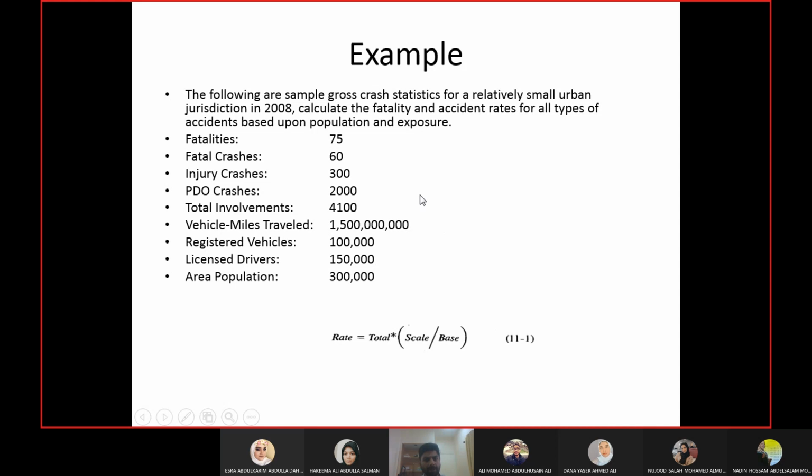Just to remind you what we did last time, I showed you how to calculate the crash rates on the basis of area population, or population based rates, and the exposure based rates. So population based rates included dividing the crashes with the characteristics of the area.